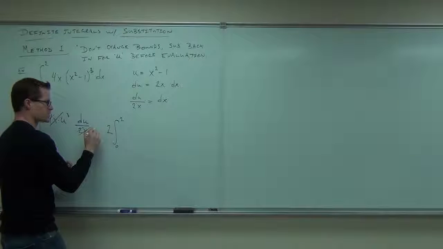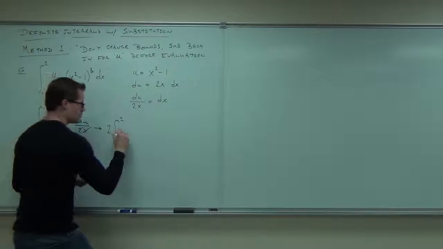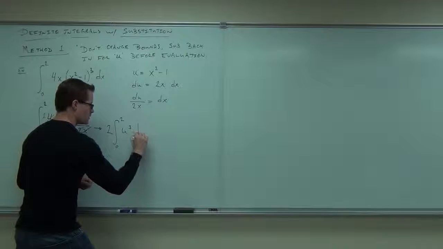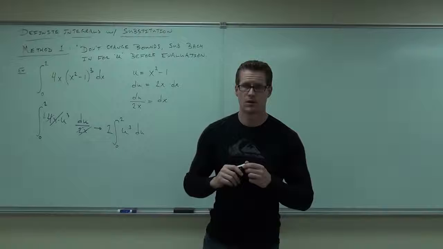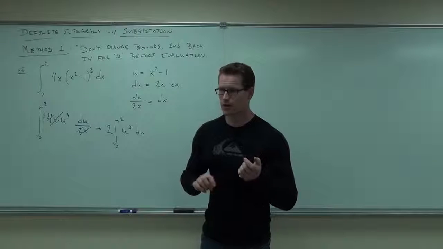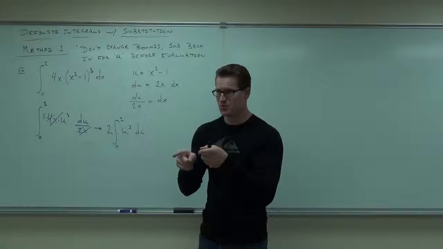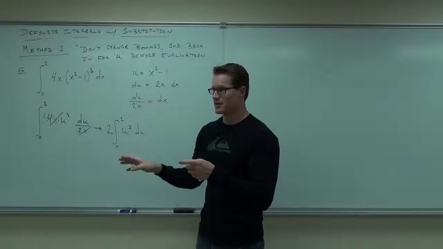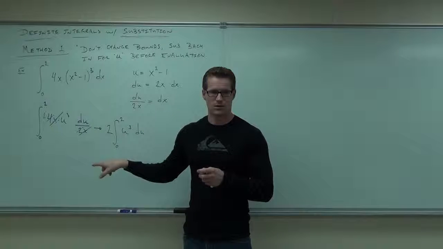Do you see where the 2 out in front is coming from? u cubed du. Which variable? What's your variable? u. Yes, it's u. What were these bounds originally in?